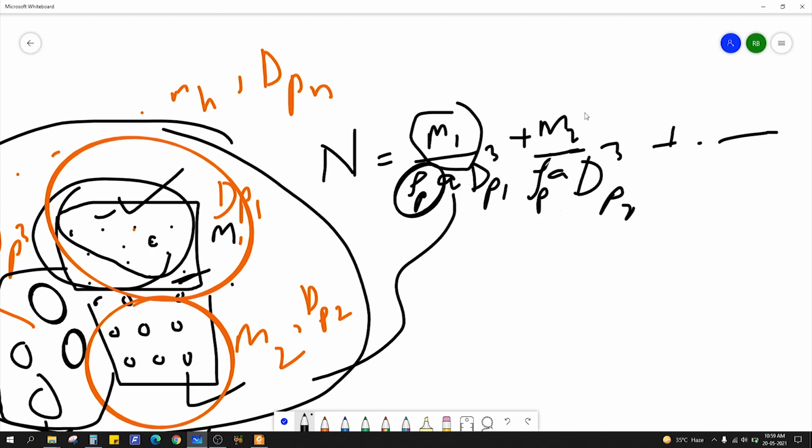Now just divide by the total mass. Let's say m is the total mass of the mixture.